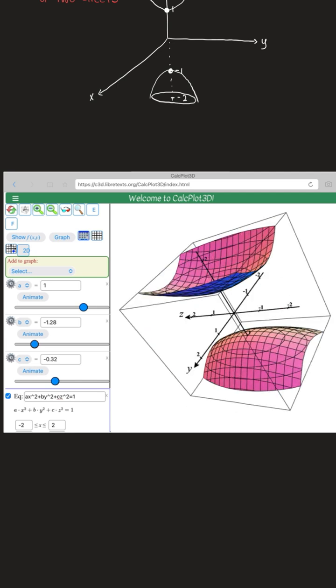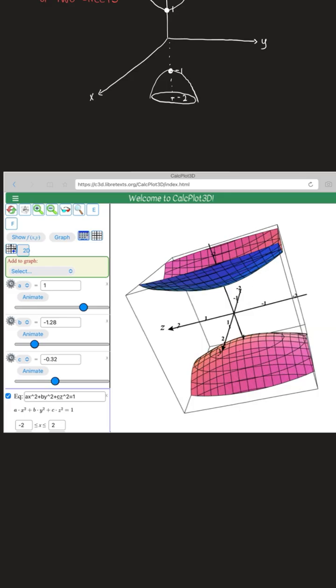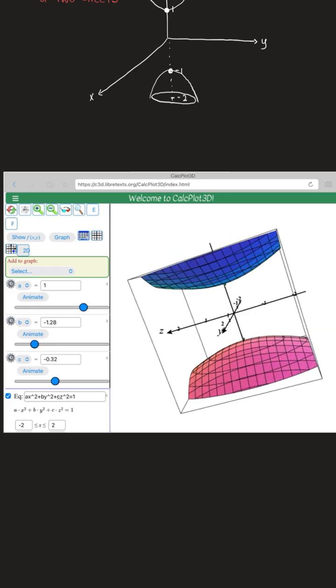This hyperboloid does not intersect the yz plane. It runs along the x-axis, the axis of the coefficient that we kept positive, and the cross-sections along planes parallel to the yz plane will be circular cross-sections. You can see those lines here.